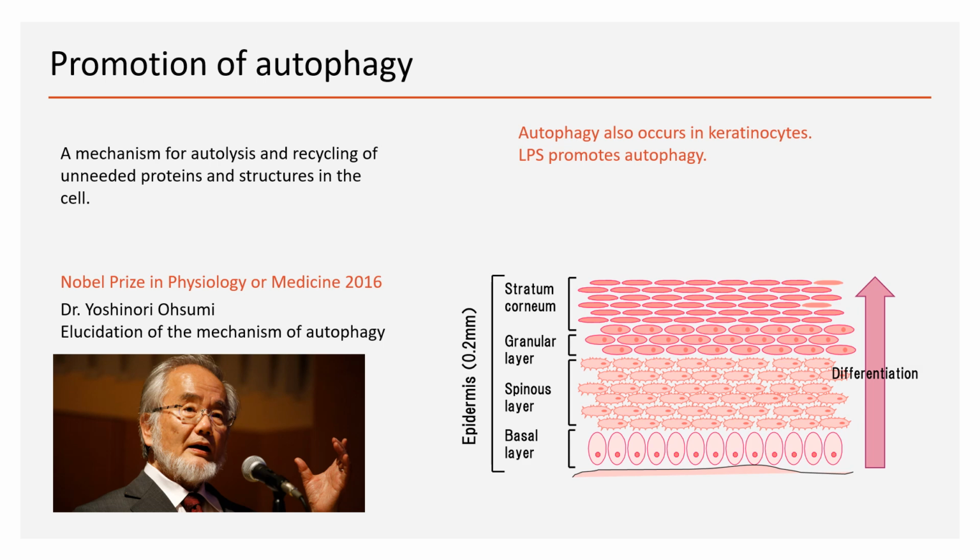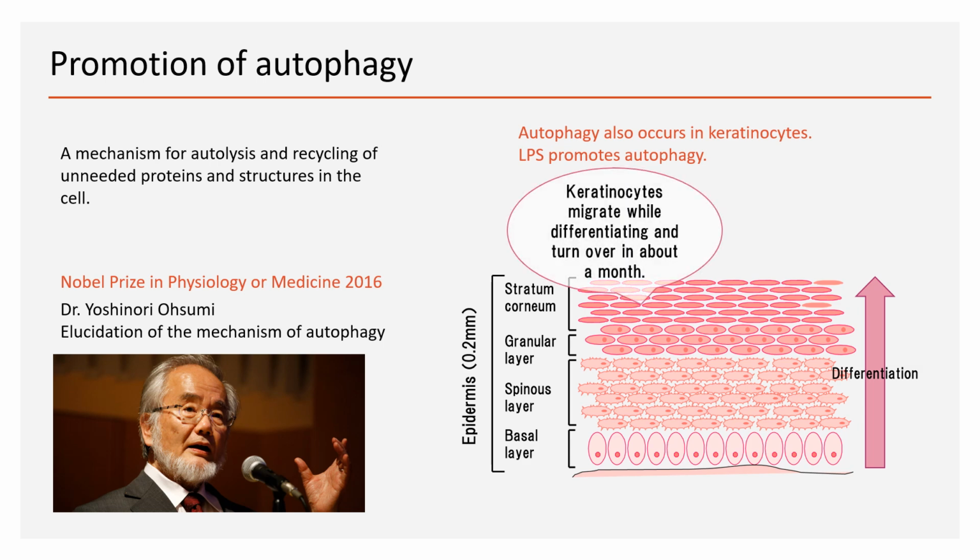As explained earlier, keratinocytes migrate upward from the basal layer, while changing their shapes. This is called differentiation. Keratinocytes migrate while differentiating and turn over in about a month. This differentiation is mediated by autophagy. Therefore, any defects in autophagy lead to delayed differentiation and turnover. As LPS is reported to promote autophagy in keratinocytes, it is expected to promote turnover of the epidermis.